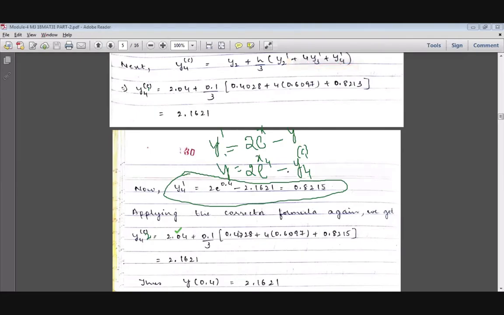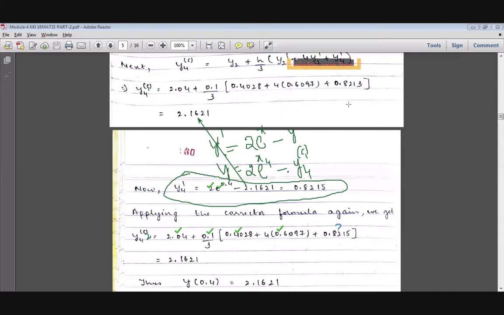This will be same, this will be same. Only this is the question mark. So how to find this? Instead of this, you need to take this value y4 of c1.